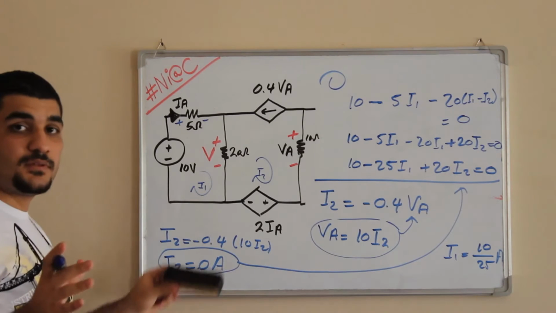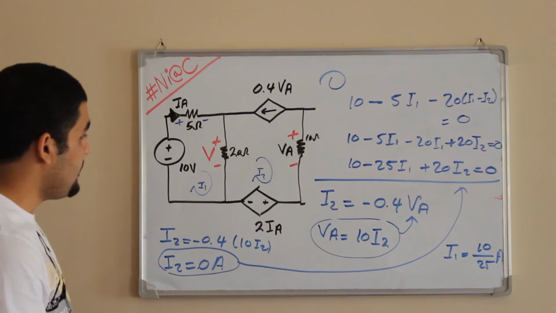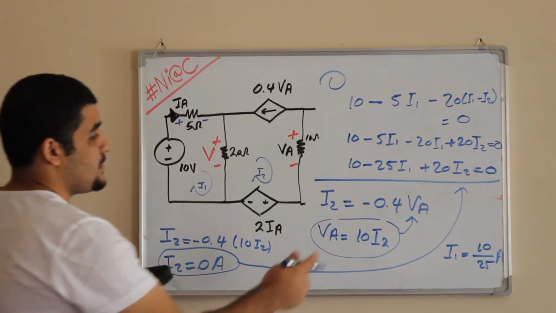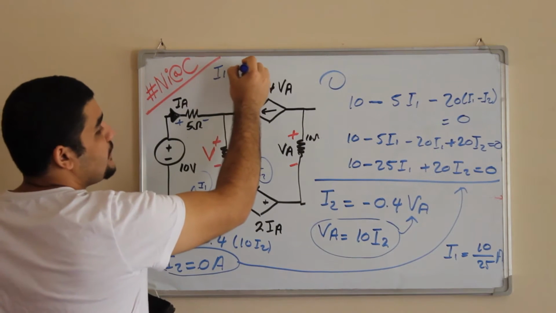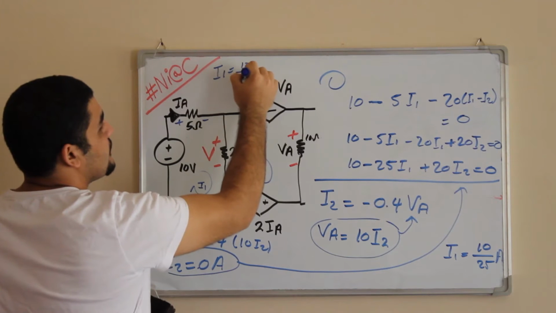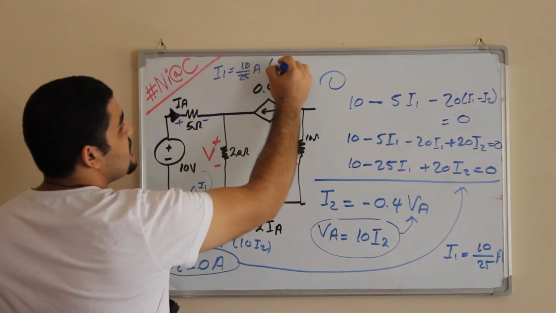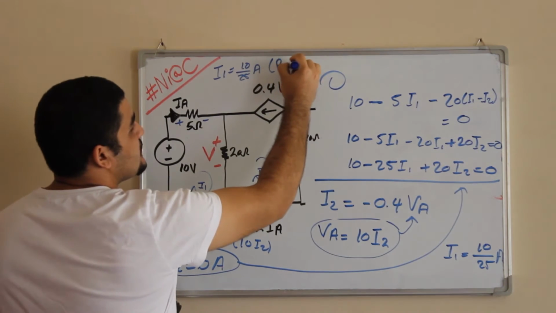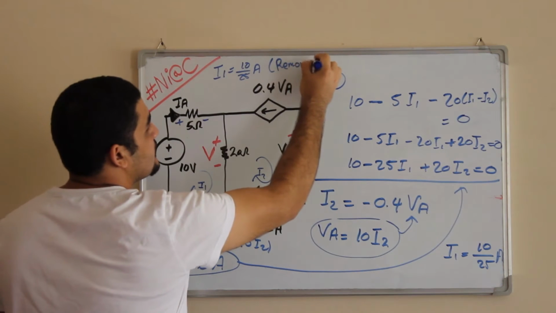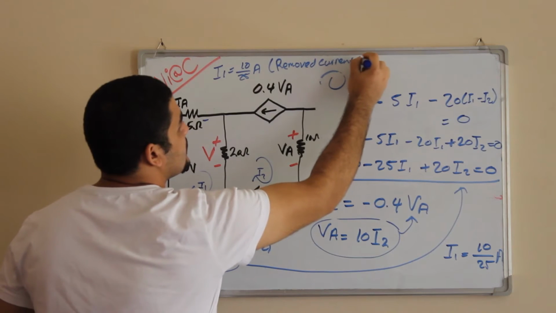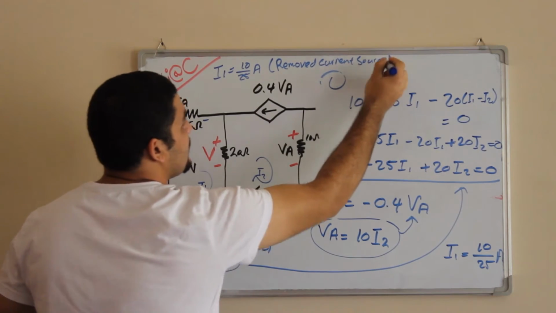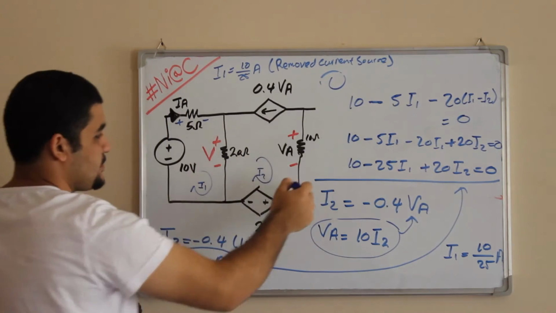That's how you solve these questions, okay? Now you have the I1, so I'm going to record that on the side, that I1 is equal to 10 over 25 amps. This is for the removed current source.